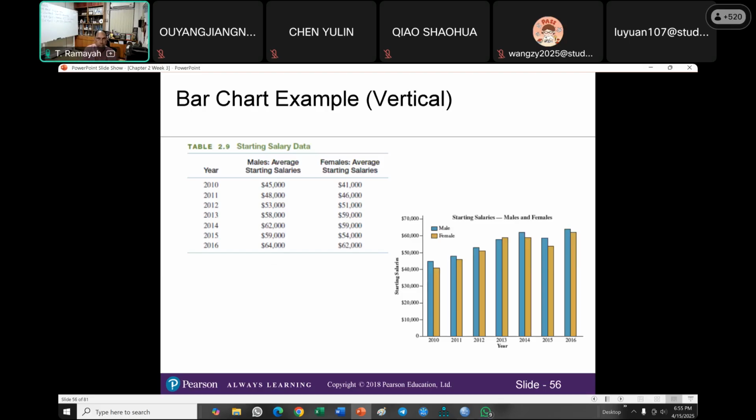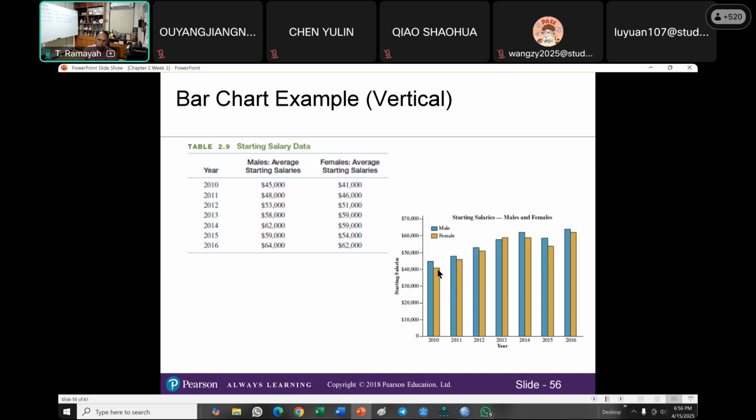We can also do a bar chart comparison in vertical format. This is also easier to visualize. We have male and female with these two colors. This is male, this is female. Then you can see the starting salaries of male and female. Most bar charts show that the starting salaries of male are slightly higher than female.